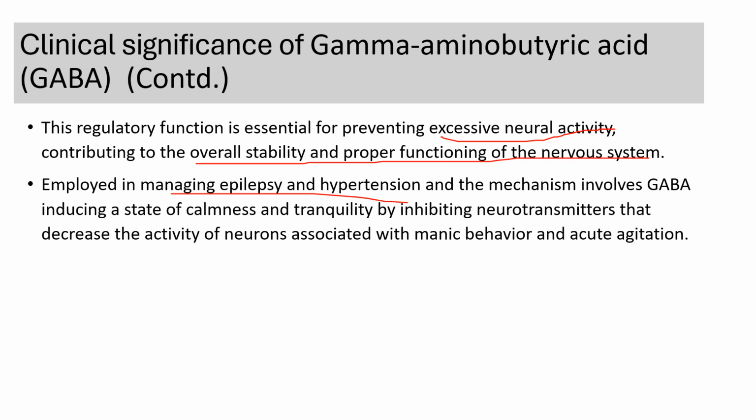It is employed in managing epilepsy and hypertension. Its mechanism involves GABA inducing a state of calmness and tranquility by inhibiting neurotransmitters that decrease the activity of neurons activated by manic behavior and acute agitation. You know, some people have manic behaviors. They start over talking, they start shouting, etc. So GABA is very important for it. It helps you calm and relax basically.